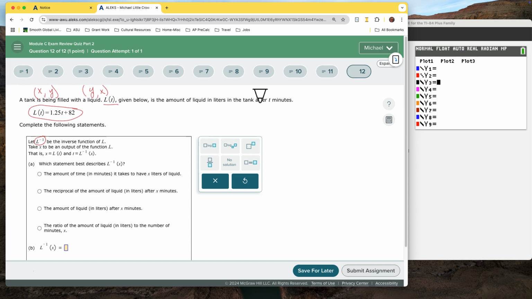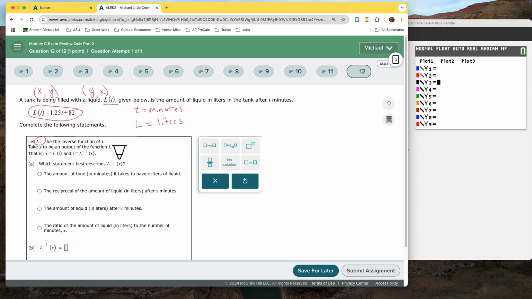So t is in minutes, so let's do that. T is a variable and it's in minutes. And L is the other variable, and that is a liquid measured in liters. Okay, that'll help us do that.